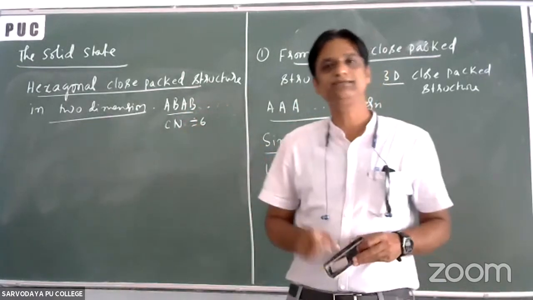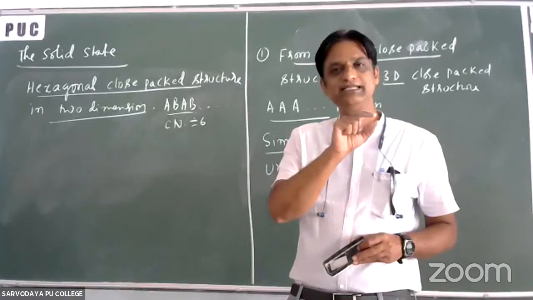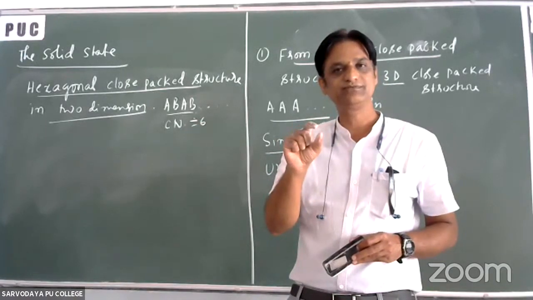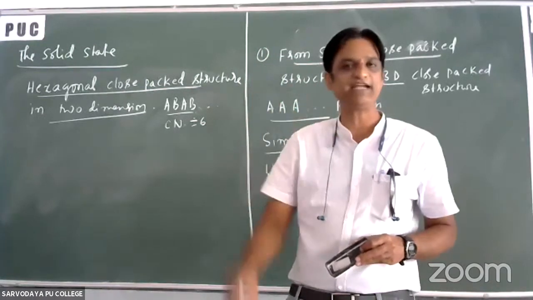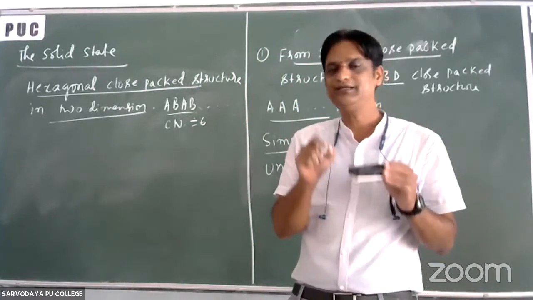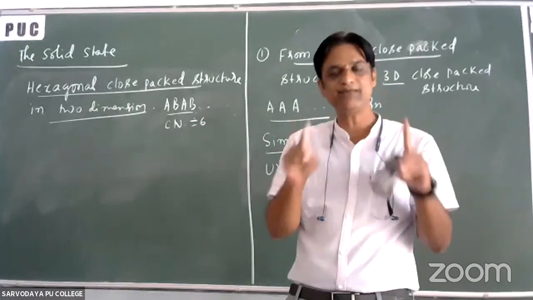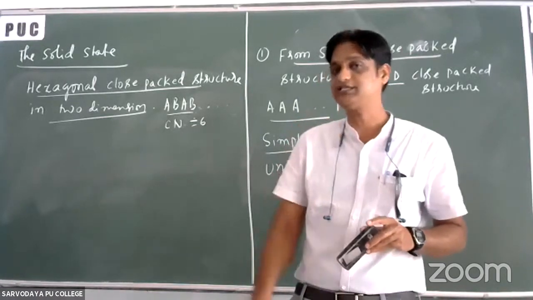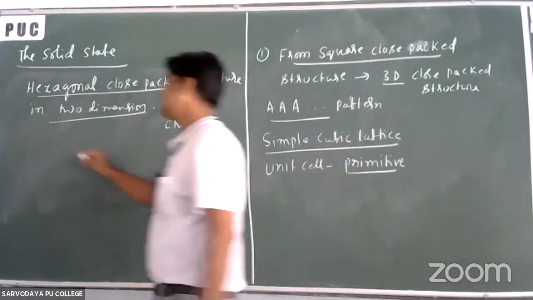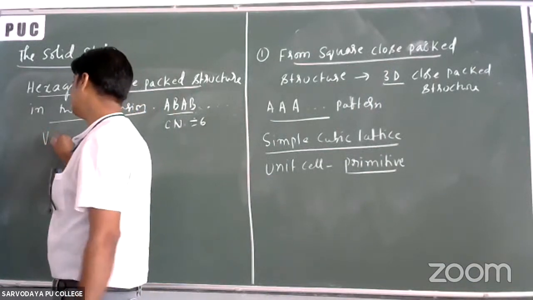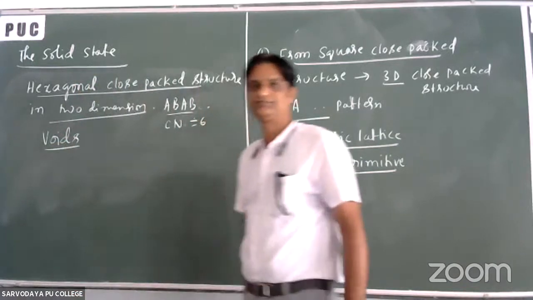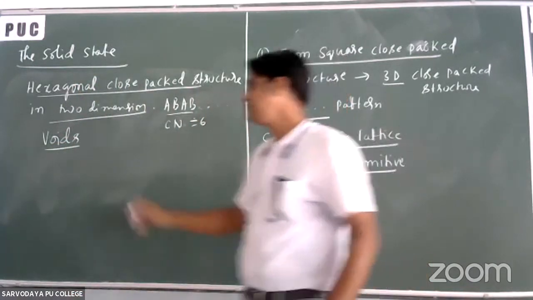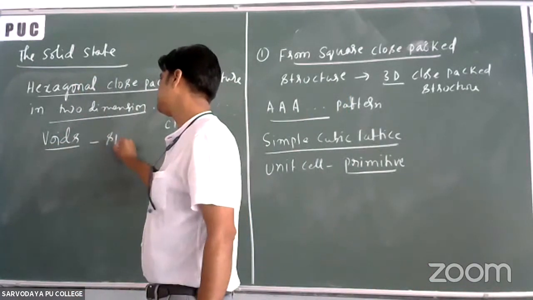And very important, when layers are arranged one above the other in such a staggered fashion, you can find some gaps between constituent particles. See, the gaps between constituent particles are called voids. Void is nothing but space.